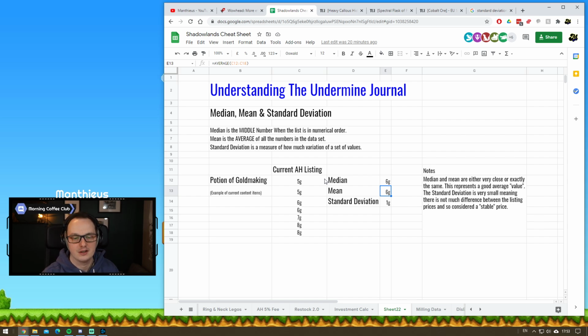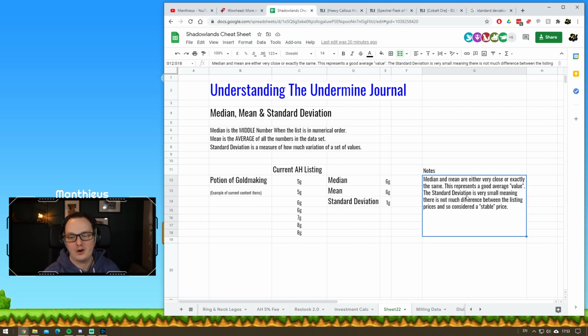This is quite good. We can also see the standard deviation, how far from that median we should expect the values to often be, and the standard deviation for this is pretty good. It doesn't sway much. So what did I put down for notes on this one? Well, the median and the mean are often very close together or even exactly the same.